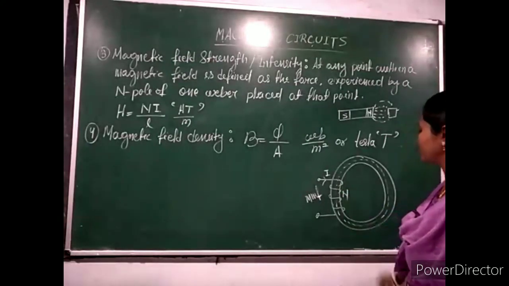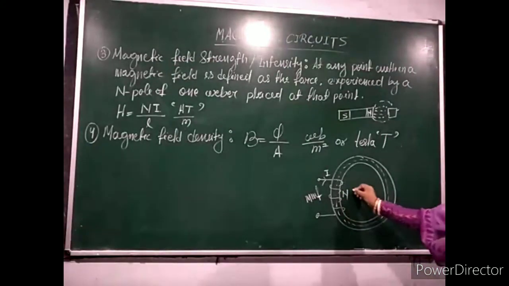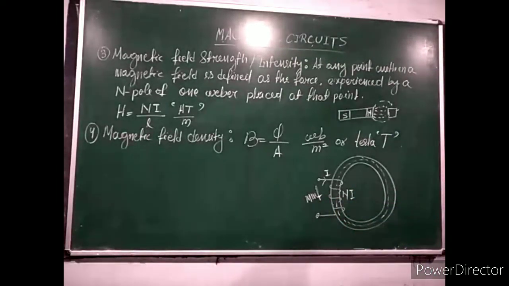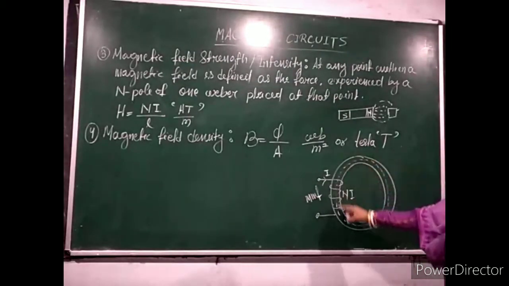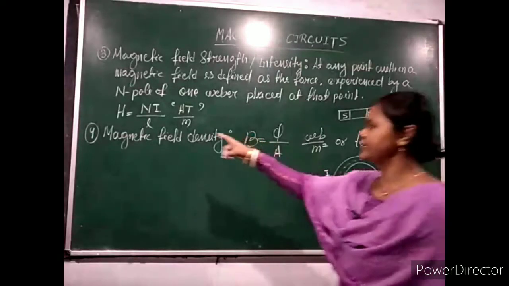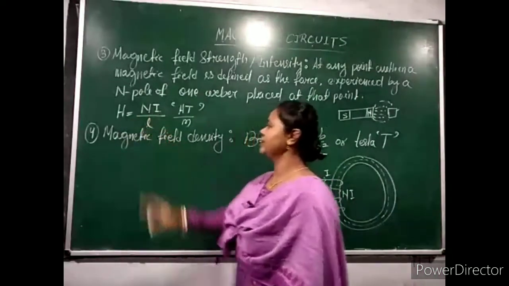The product of number of turns of the coil and current gives MMF. Then what is L? L is the length of this magnetic path in meters. So H, the intensity, is equal to MMF by L.